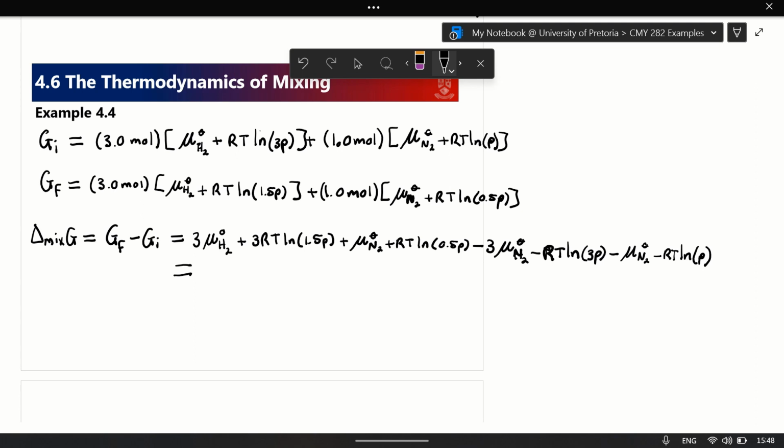a very small RT ln part. So let's just count up all the RT lns. They don't have the same ln things here. So let's group them together first.